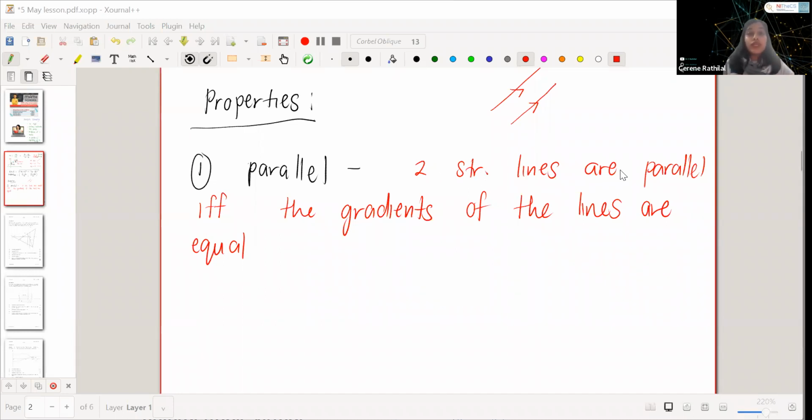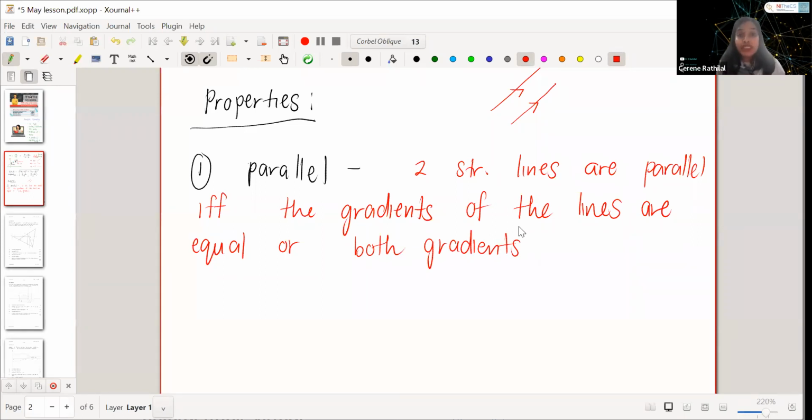Two straight lines are parallel if and only if the gradients of the lines are equal, or both gradients are undefined. Because if they're both undefined, it means that they're both vertical. And if they're both vertical, then they are parallel based on the definition I gave. So both gradients are undefined. Keep that in mind. That could have been an easy one to omit.